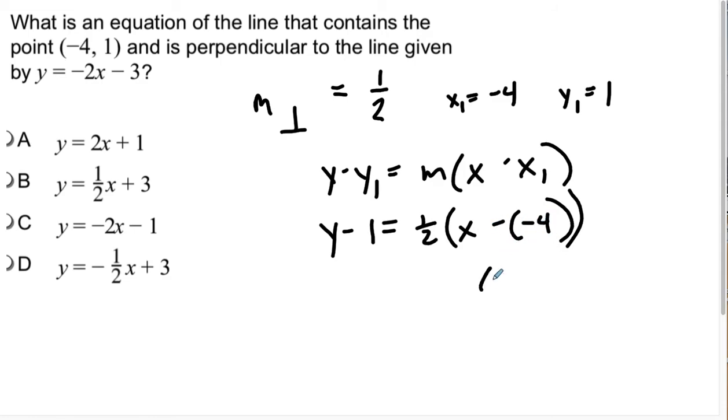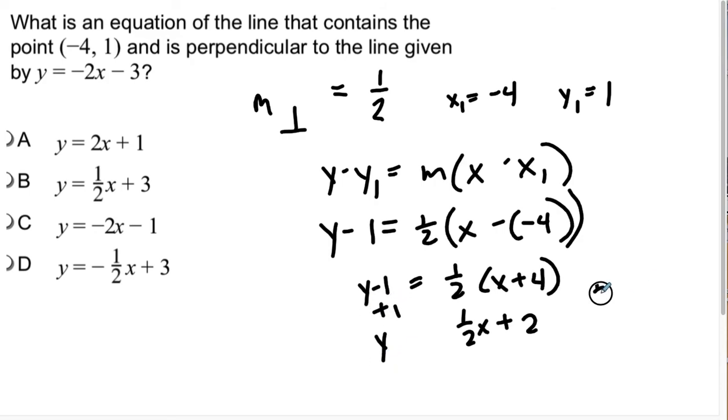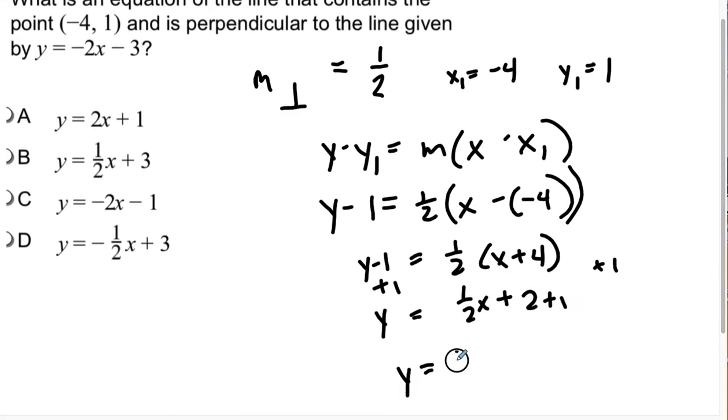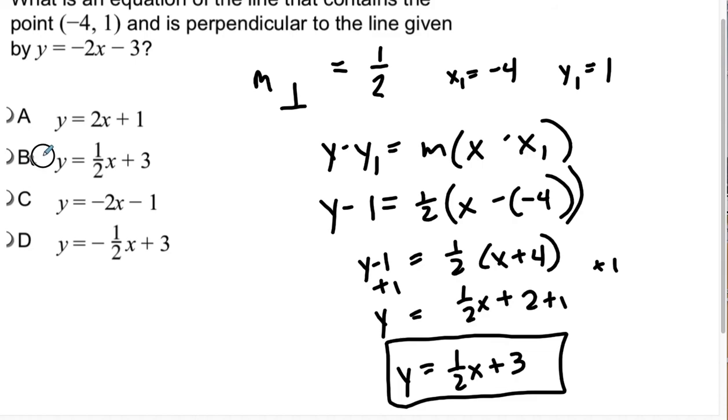X minus 4 is x plus 4, so that's what I'm going to write down here. Now I'm going to distribute 1/2, so that becomes 1/2 x plus 2. And I'm going to add 1 to both sides, right? So that's y equals 1/2 x plus 2 plus the 1 that I'm adding. So altogether, I have y equals 1/2 x plus 3 in slope-intercept form. So which is choice letter B.